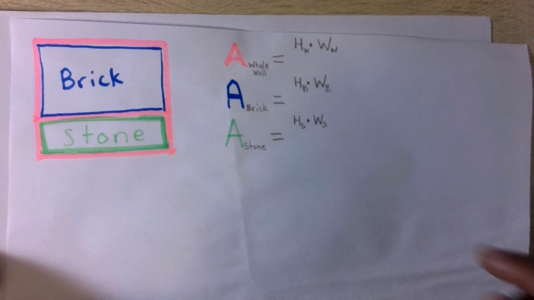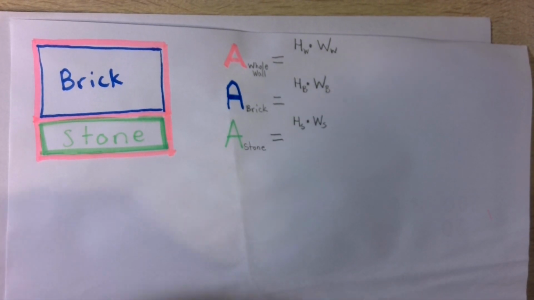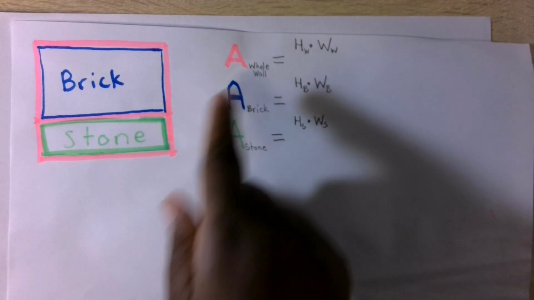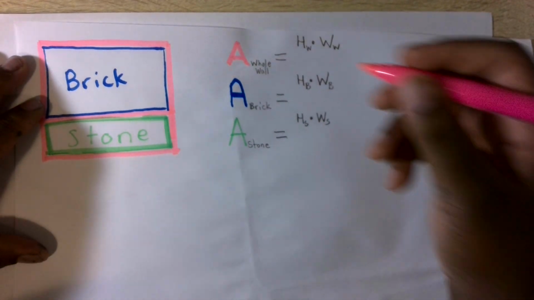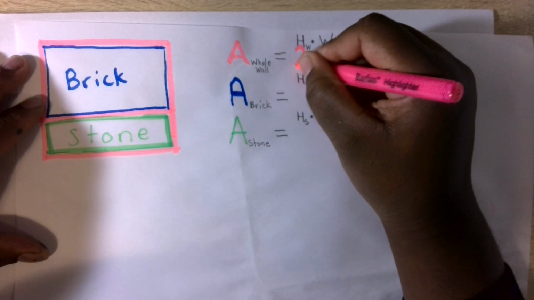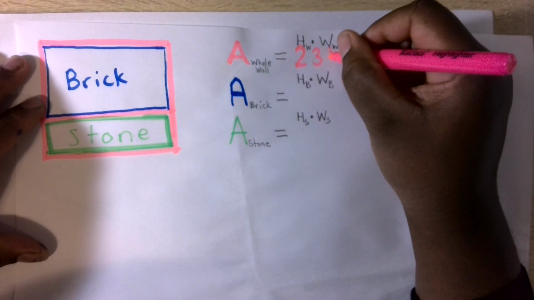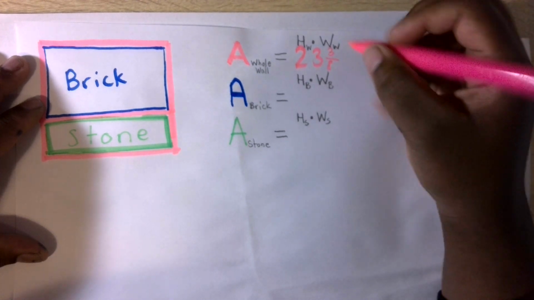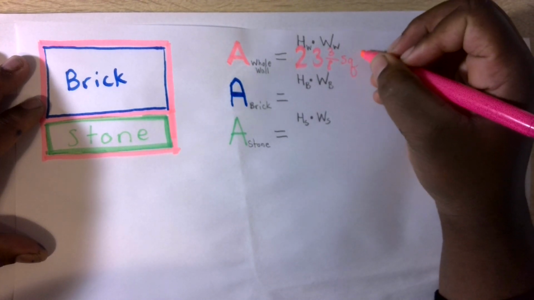Now, they tell me outright the area of the whole wall is 23 3/8 square feet.